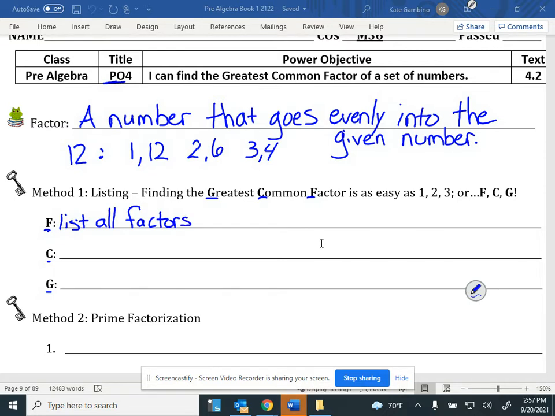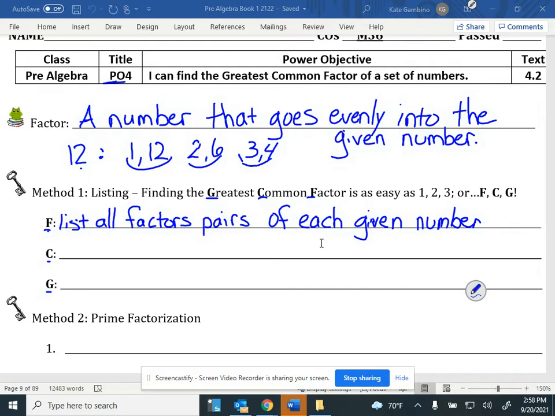So you list all of those factor pairs or their buddies of each given number. So that's what we did up here with the number 12. We found the factor pairs 1 and 12, 2 and 6, 3 and 4.